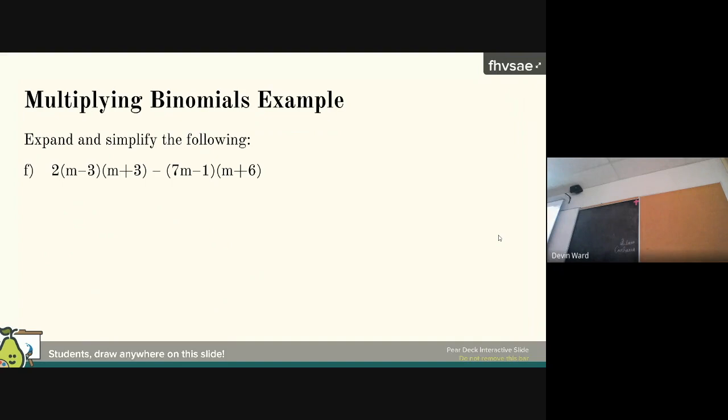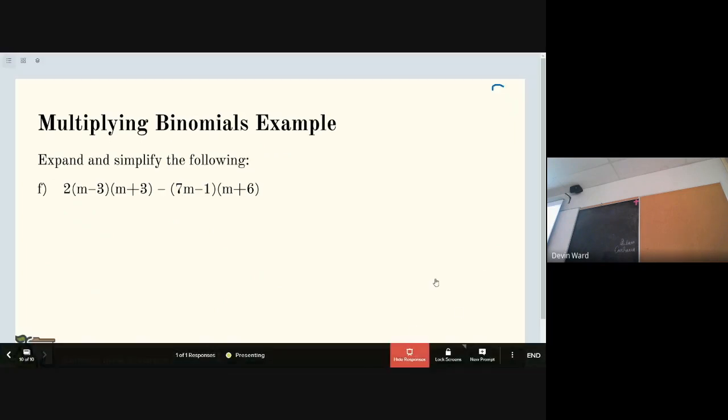Okay, so here we're multiplying two binomials, like multiplying 2 sets of binomials. We have 2 times m plus 3 times m minus 3, minus 7m minus 1 times m plus 6.